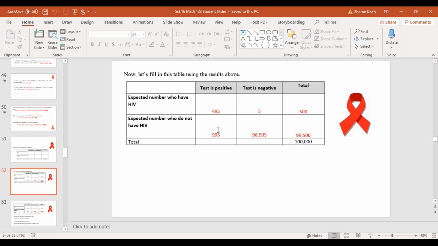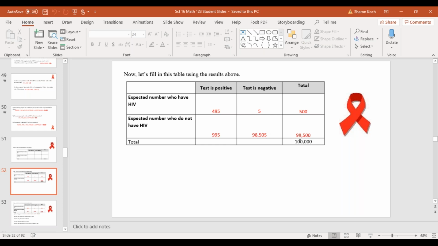Now remember, I'm not going to follow the exact same order here. They're diagonal from one another. So if I have 99,500 and I know the test is 99% accurate, I'm going to take 99% of 99,500, and that's this number here. That's going to test negative, because we're talking about the people who don't have it.